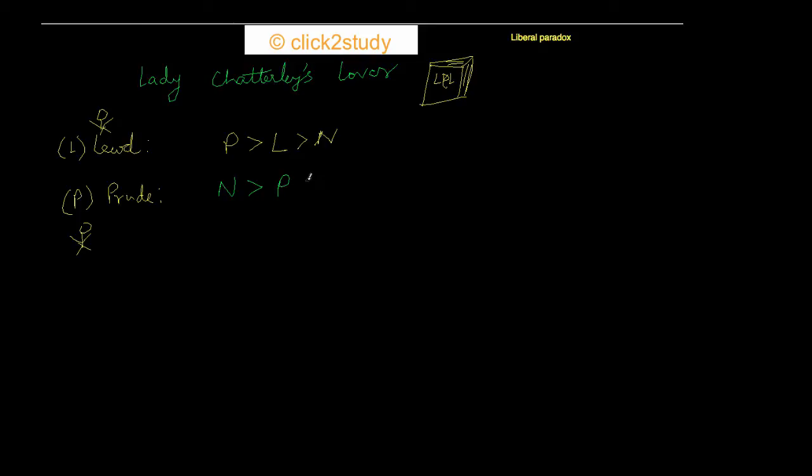So instead of letting this disgusting Lewd read this book, he himself wants to read it. Suppose these are the preferences given by both of these guys, and the society is made up of only these two guys.